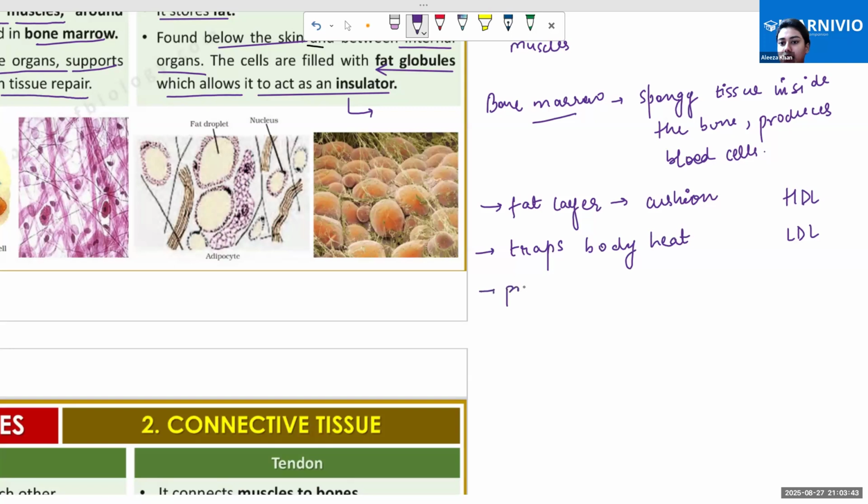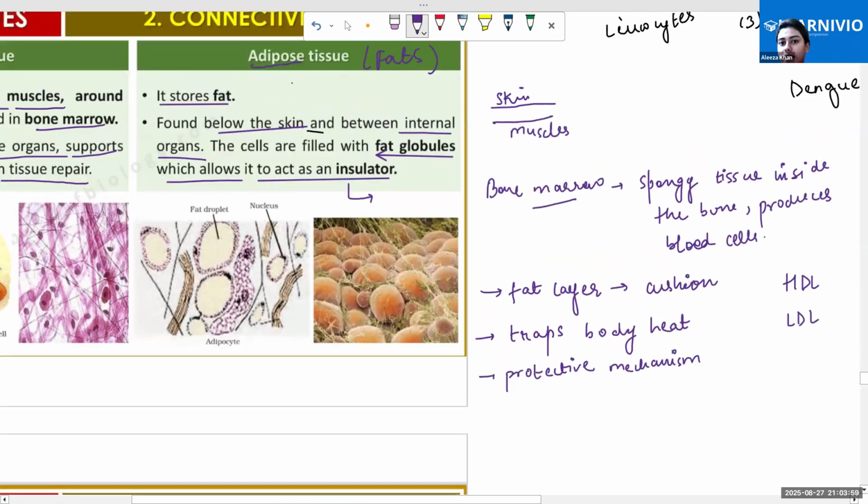Protective mechanism is also there, as said by Bethel. Okay. So all these could be the points that are essential for the fat in your body. Fine. Any doubt in any of the points up till now? No, ma'am.